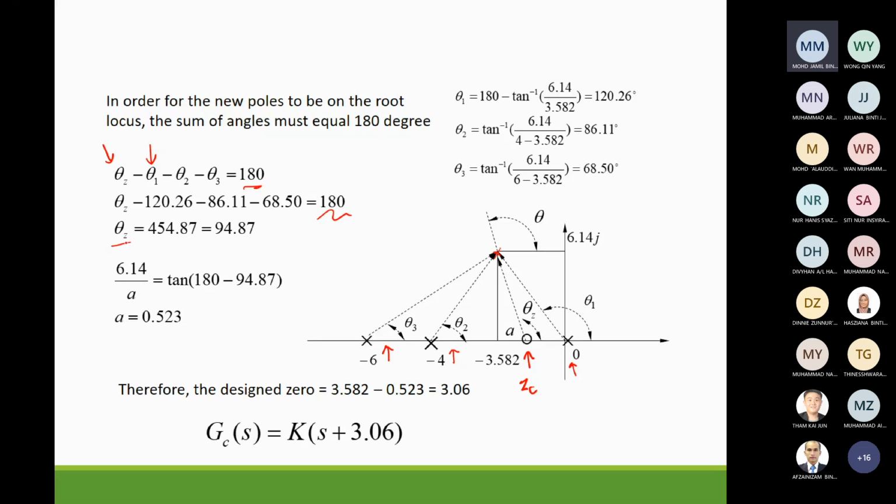The remaining value, θZC, equals 94.87. So the angle here is 94.87. Now we need to determine this location here, this length A, assuming that this height we already know, which is 6.144j.